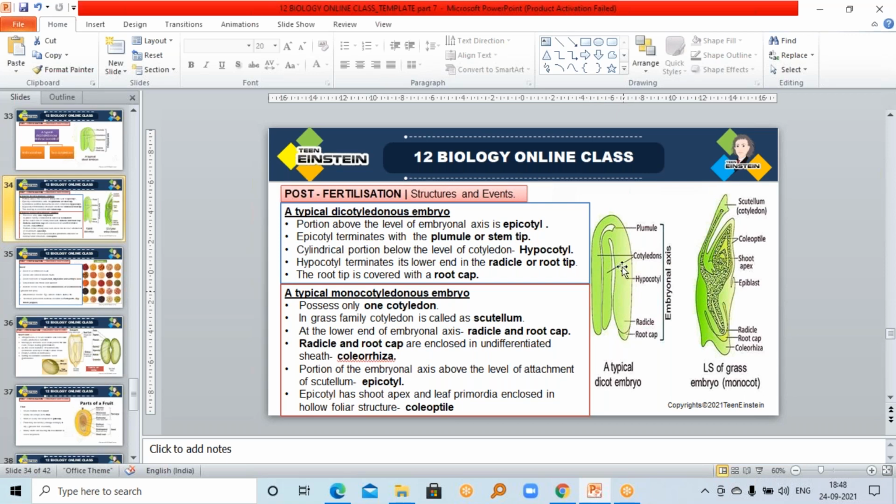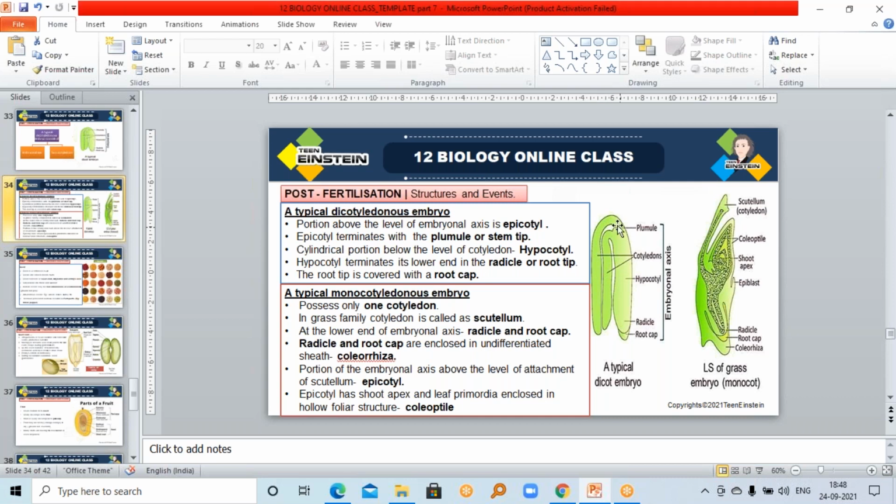What is the epicotyl? The portion of the embryonal axis above the level of the cotyledons, and the epicotyl terminates with the plumule, or stem tip. Here you can see the plumule.